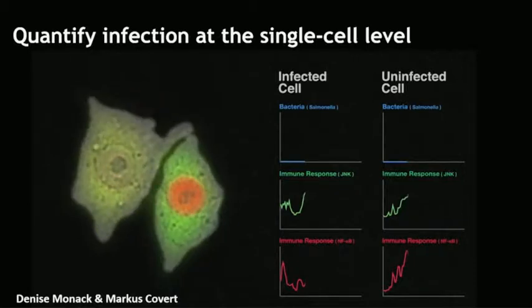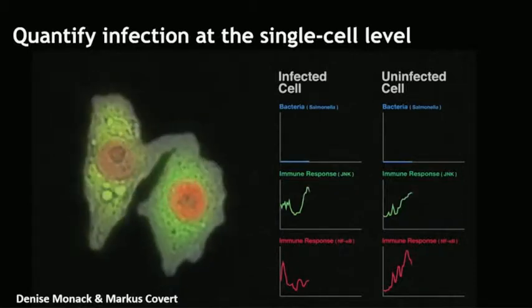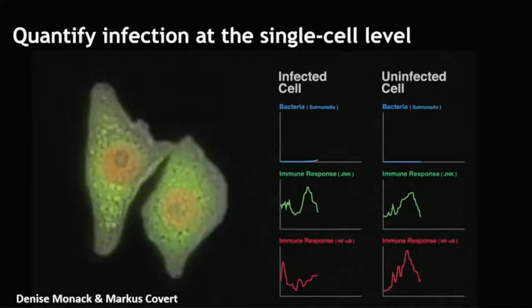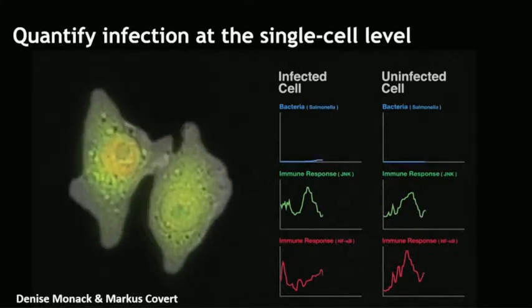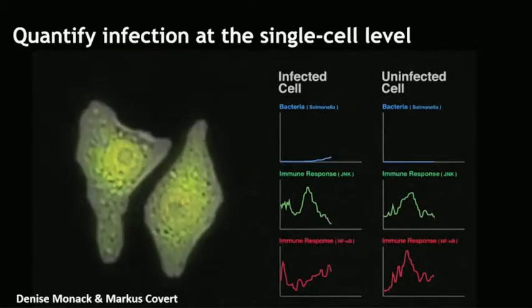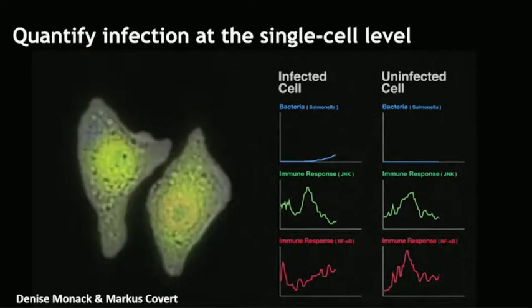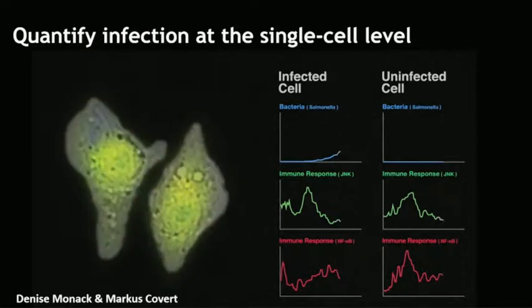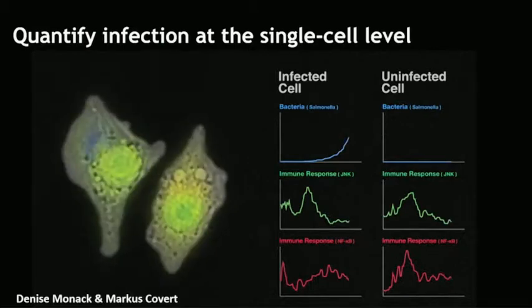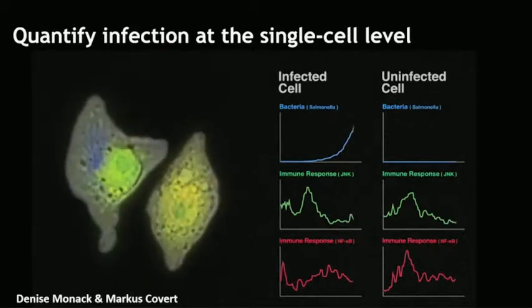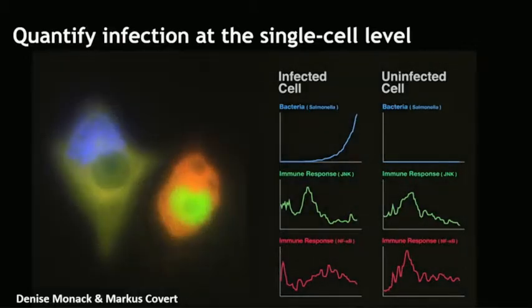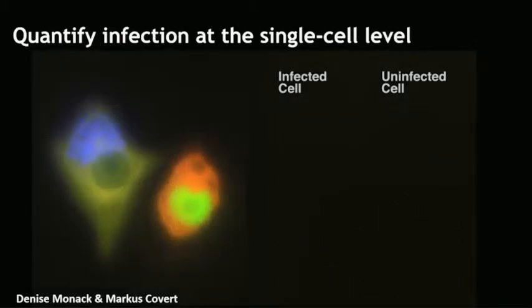And moreover, the types of signals that that infected cell might be delivering to its neighbor to warn the neighbor that an infection is happening. And so this work, which was spearheaded by Denise and Marcus in their close collaboration, was recently published this year in Cell Systems. So if you're interested in this, I encourage you to look up their paper, which came out in March. So this is a ton of information, and it's very nicely presented as a dynamic picture with spatial detail at the level of individual cells, 2 cells in particular.